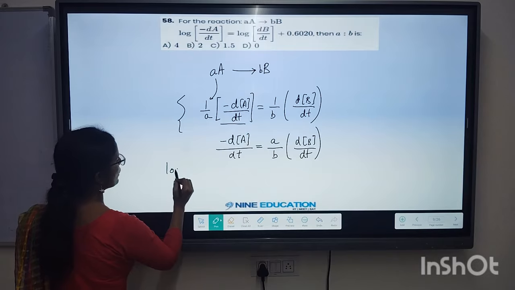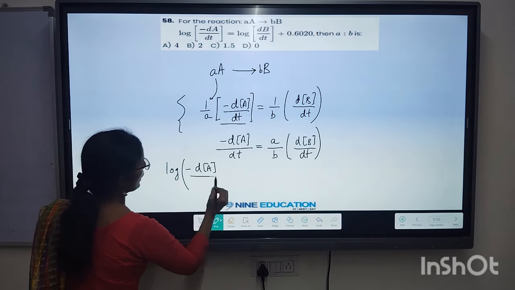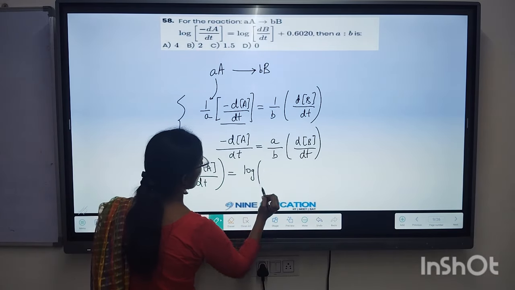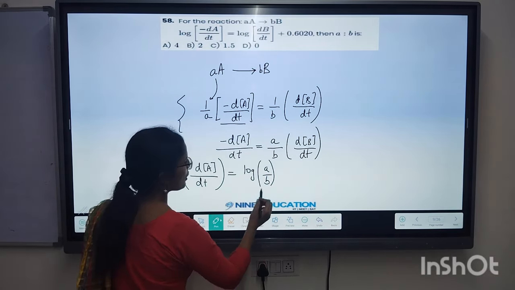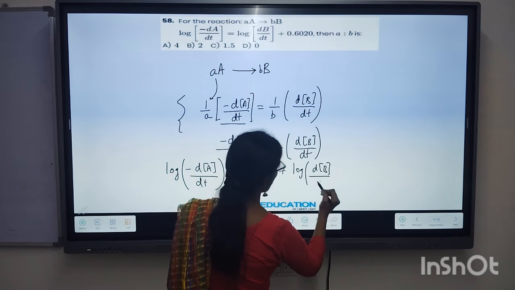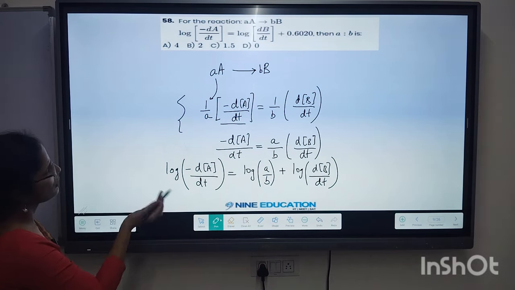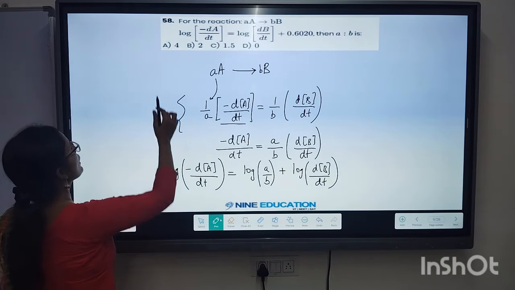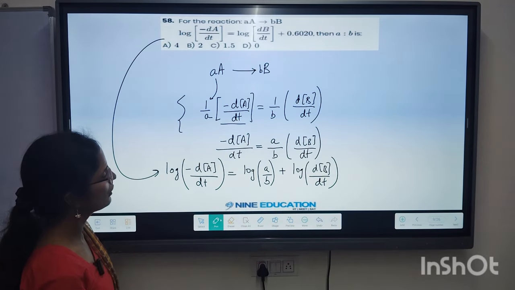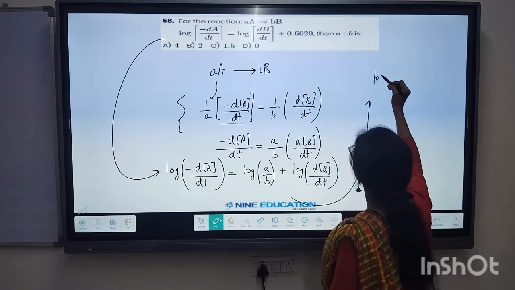So we have log of minus dA by dt equal to log of A by B plus log of dB by dt. Now if we compare the given equation with the one we are getting, I hope we understand that log of A by B should be equated to what?